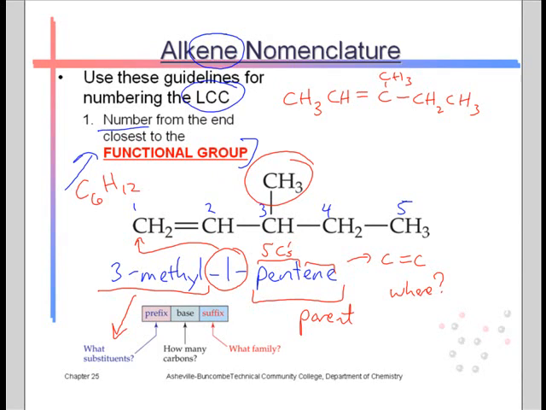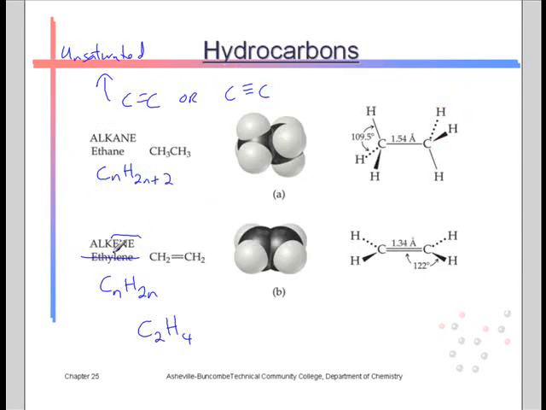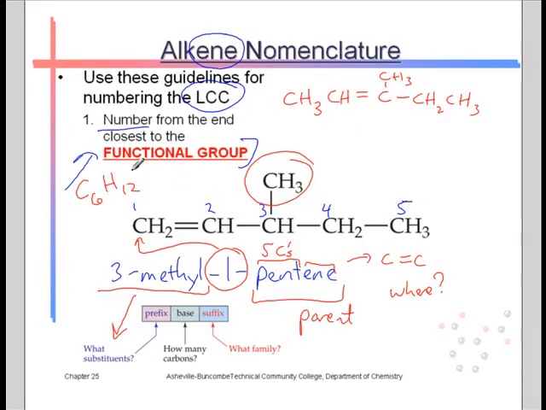If I look at my ratio, remember the ratio for all alkenes when there's just a single alkene in there is CnH2n. Well, in that example, the n is equal to 6, so 2 times 6 is 12. And so that's where I'm getting this particular molecular formula for that compound.